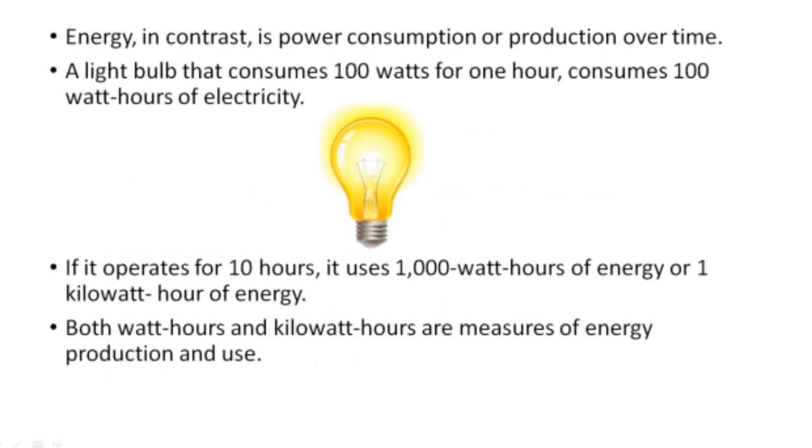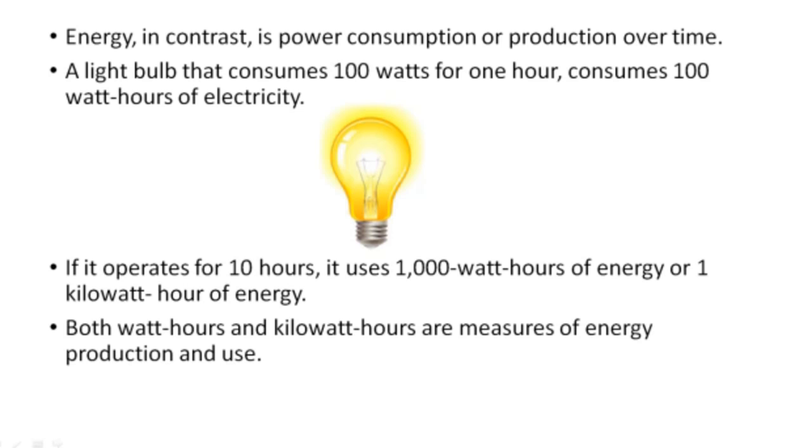Energy, in contrast, is power consumption or production over a period of time. A light bulb that consumes 100 watts for 1 hour consumes 100 watt hours of electricity. If it operates for 10 hours, it uses 1000 watt hours of energy, or 1 kilowatt hour of energy.